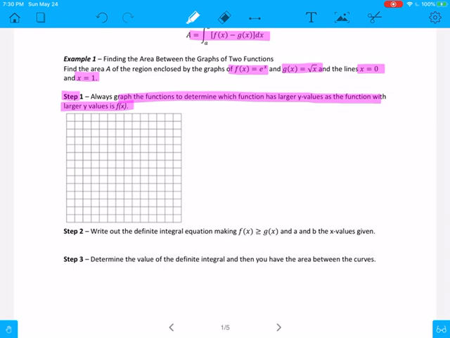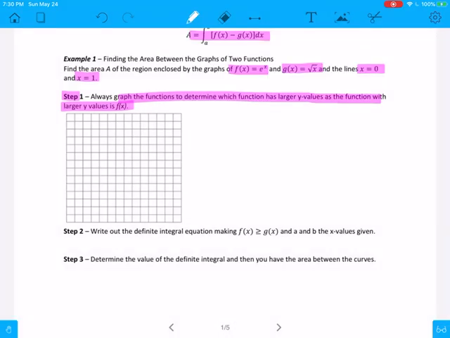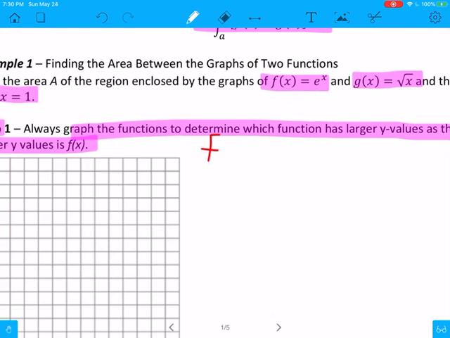Okay? So the first thing we're going to do is sketch these two graphs. So let's do f of x. I'm going to just zoom in here because it's easier for me to write. F of x equals e to the x. Okay? So I'm going to do myself a little table of values to help myself out. X and y.